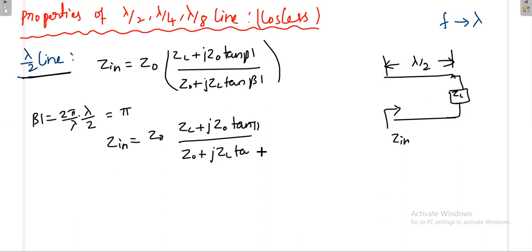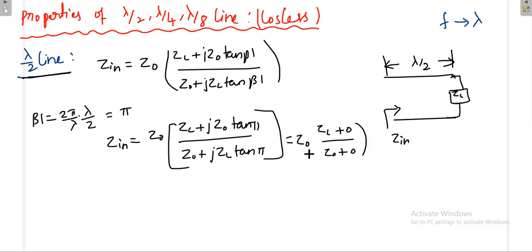The value of tan pi is always 0. So ZL plus 0 divided by Z naught plus 0, then Z naught cancels. Finally Zin is equal to ZL.